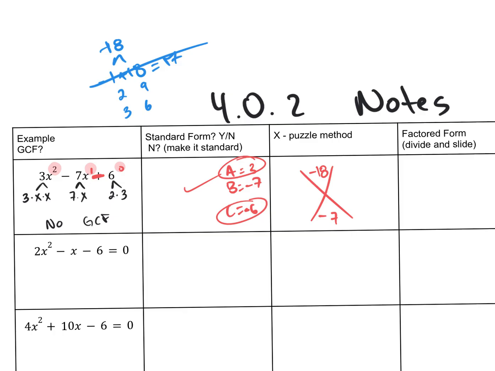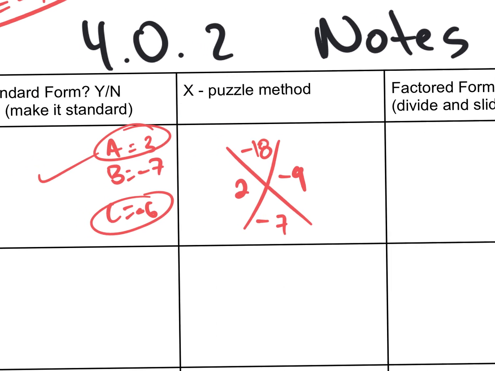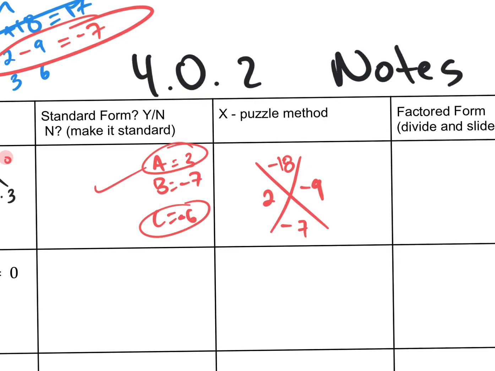So I'm going to play with my signs and switch them. Now I'm going to try making the 2 positive and the 9 negative. 2 minus 9 is -7, and that works. So that's how we can guess and check until we get our answer. Please do not be afraid to guess and check. It works 100% of the time, and it's better than remembering a lot of rules.